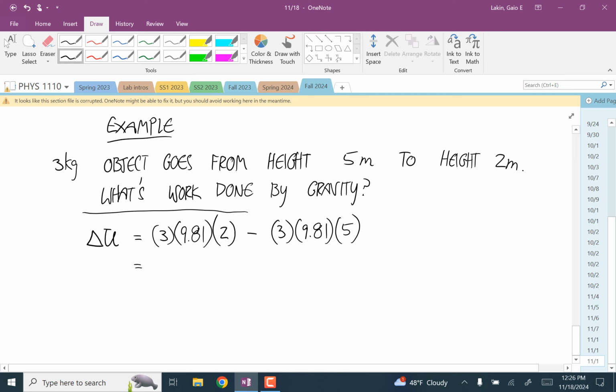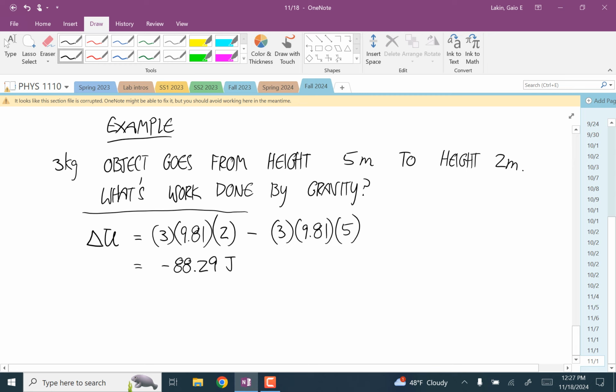And so we get negative 88.29 joules. Okay, so what's the work?